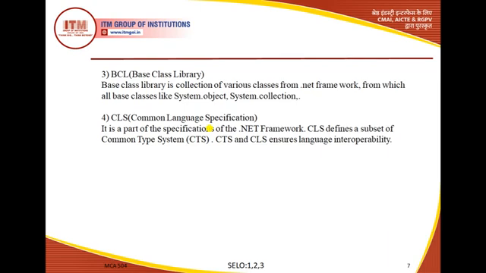During that time this specification was given, that there must be language interoperability, whether C#.NET is being used on the platform or VB.NET. There should not arise any conflict regarding the data types, or the number of bytes each data type takes. Every language has different data types, but this data type variation should not become a reason for conflict. So that's why there is a specification already given which ensures language interoperability.